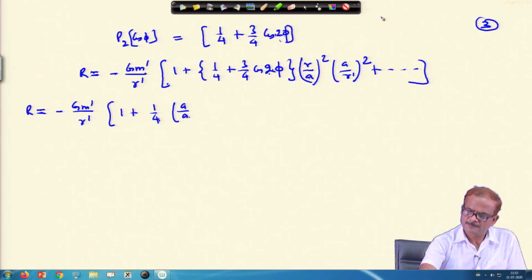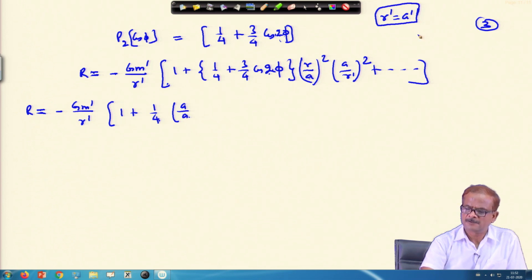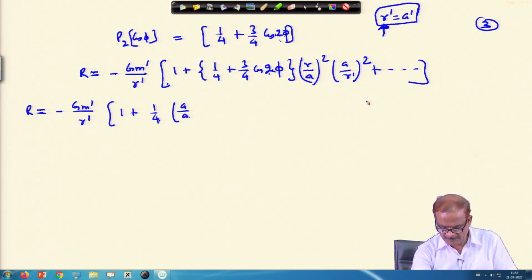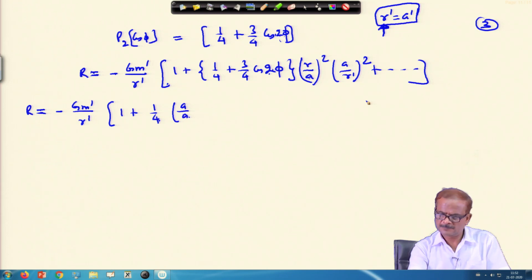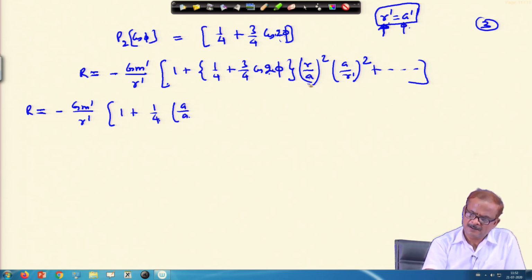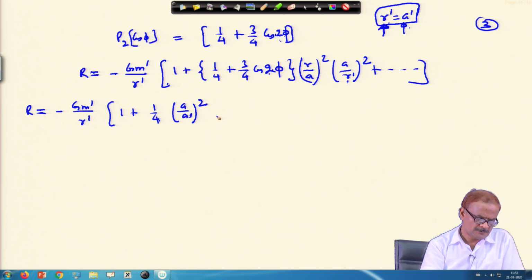Now r prime will be equal to a prime. Here r prime stands for the sun, and if we assume the sun to be in a circular orbit, then this will be equal to a prime. So this r prime we can replace in terms of a prime, and we can write a prime square.